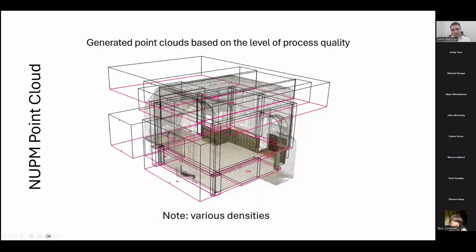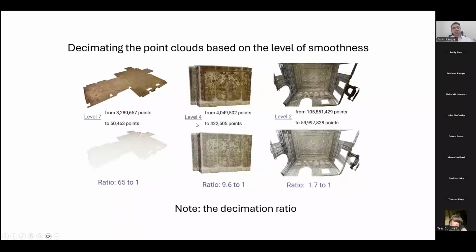And as you can see, different region boxes have been used to generate the point cloud part by part. Some parts were more important physically, so they get a higher quality while processing, and some less important parts get a lower quality of processing. And then we join them together and get the whole point cloud of the room.